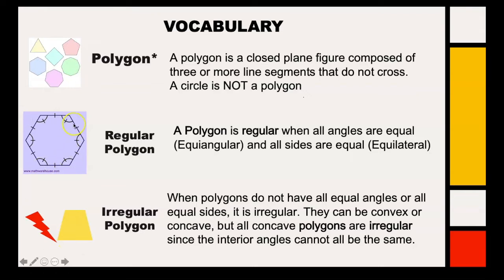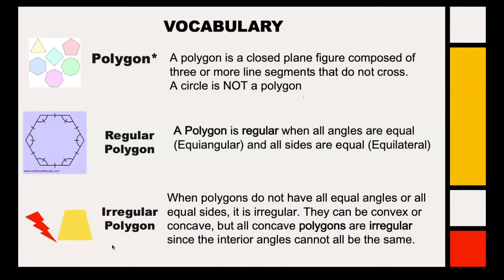Here are our line segments denoted by the tick marks. If you see me circling here, denoted by the tick marks, that states that they are congruent. And then we have our semicircle here for each of the angles, which states that they are all of the same congruence.